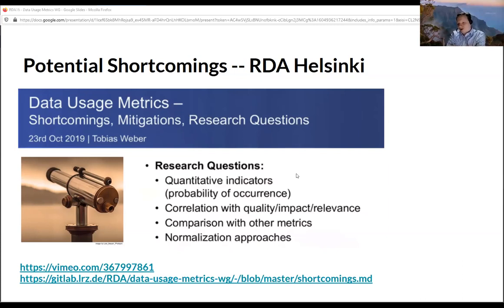There's a recording of his presentation available for people to access. He identified some further questions we might need to think about if you're looking at numbers and trying to put them into context. How probable is it that you'll get a certain number of usages for a particular data set? How do you normalize these so you can make comparisons across different resources? We don't have answers to these questions, but we do have an idea of some of the questions that might need to be considered when looking at data usage metrics.